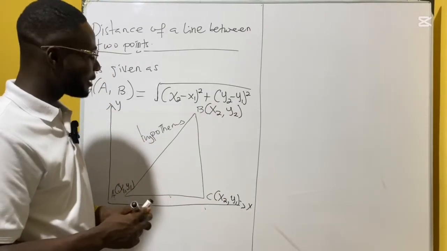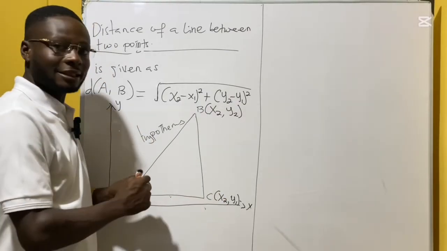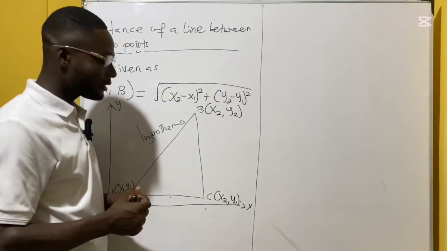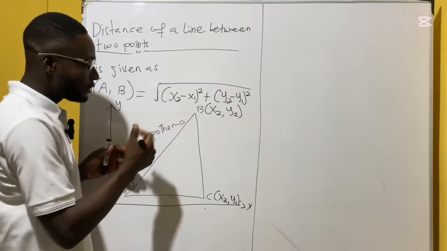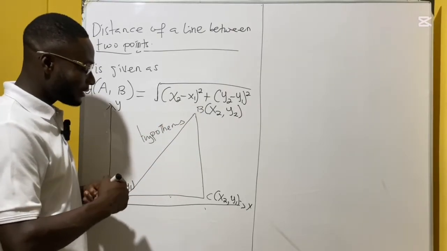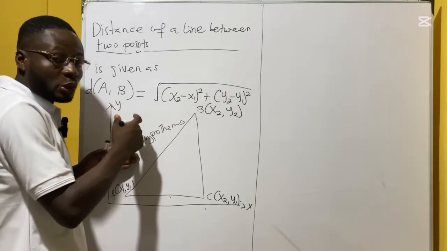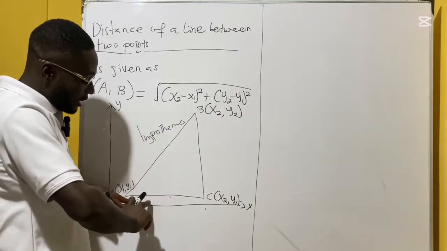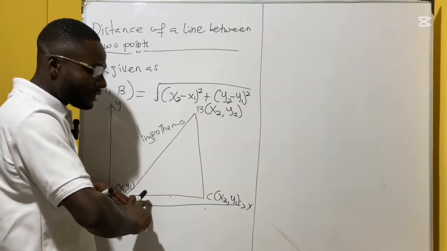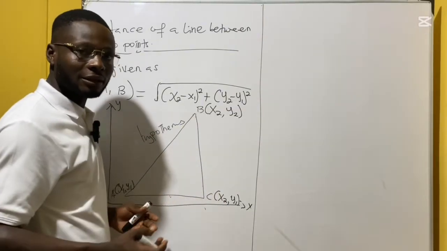But we know that the longest side is the hypotenuse. So the square of the longest side should be equal to the square of one side of the triangle plus the square of the other side, right?